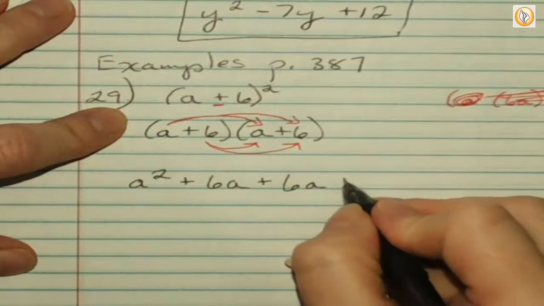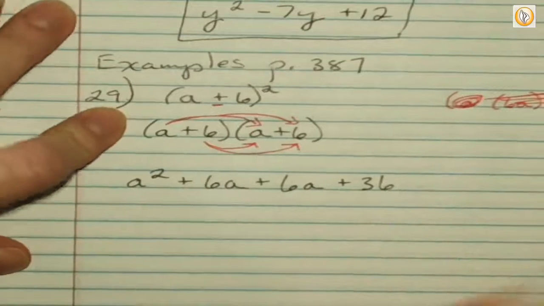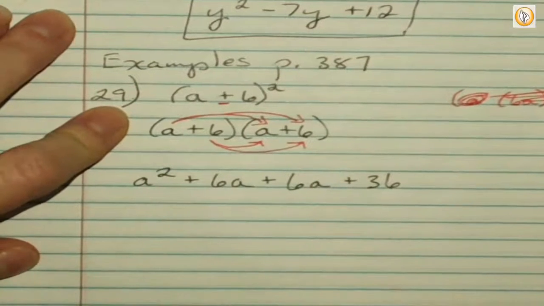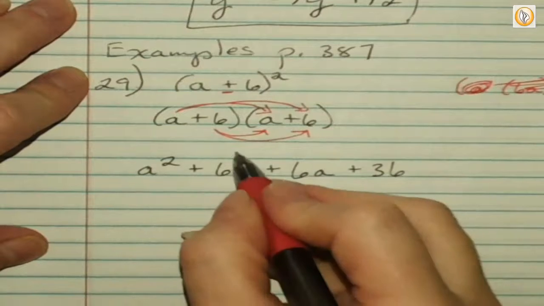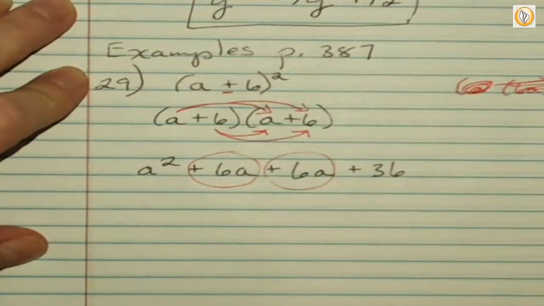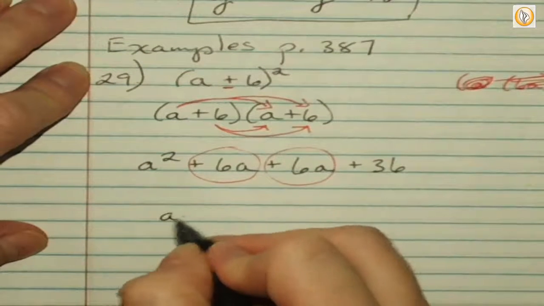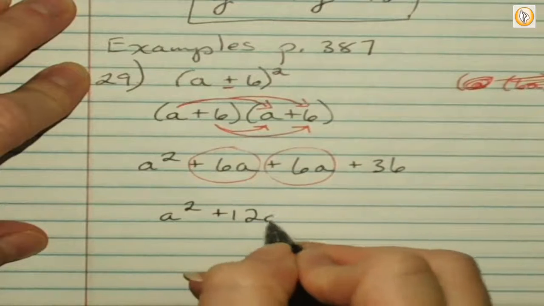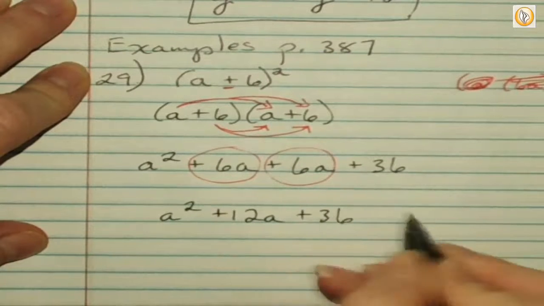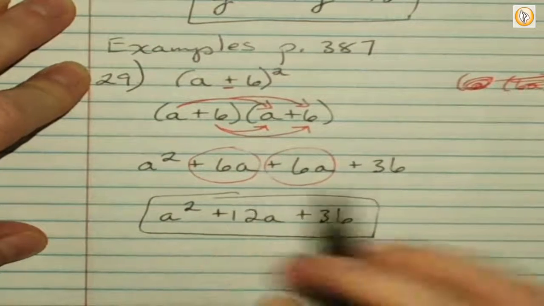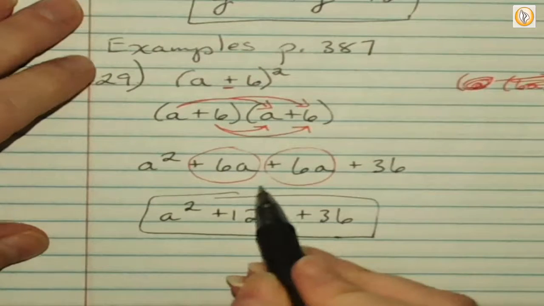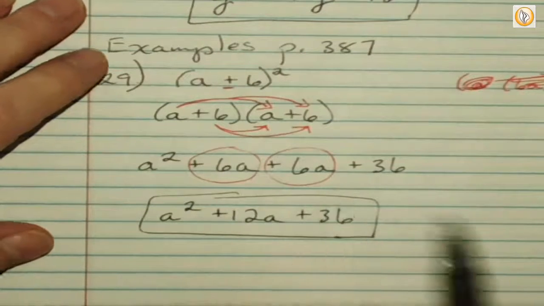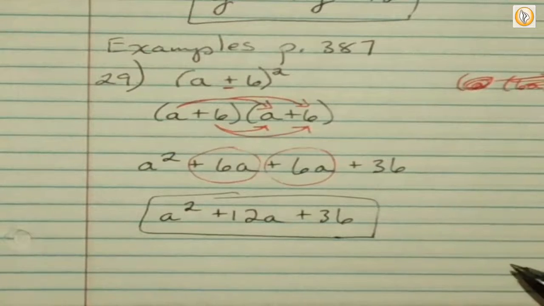And then 36. Now what are my like terms, Ariel? The like terms are 6a and 6a, which are 12a. So then my answer is a squared plus 12a plus 36. We're adding, so when you're adding and subtracting, the letters and the exponents don't change.